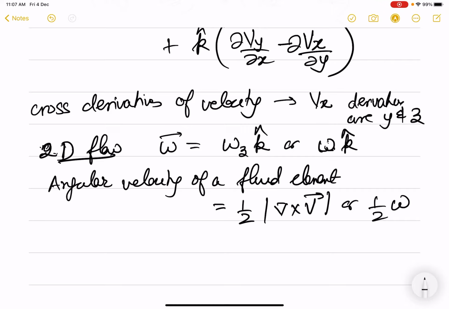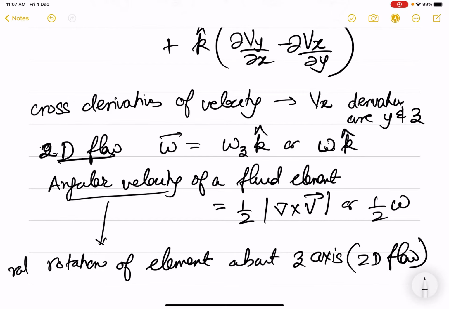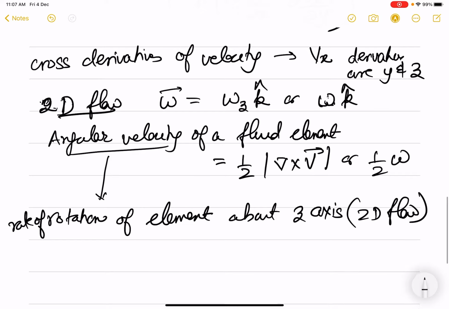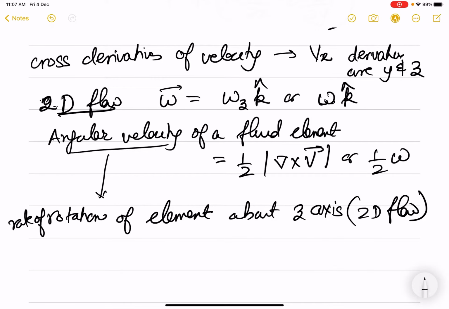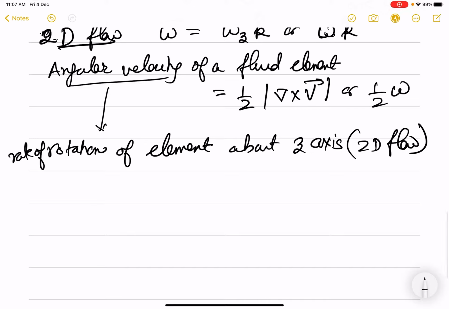So vorticity is directly related to angular velocity. And what do we mean by angular velocity? The rotation of the element, and since this is 2D flow, about the z-axis. So this rate of rotation will be half of omega. So vorticity seems to be related to how the fluid element is rotating or not.